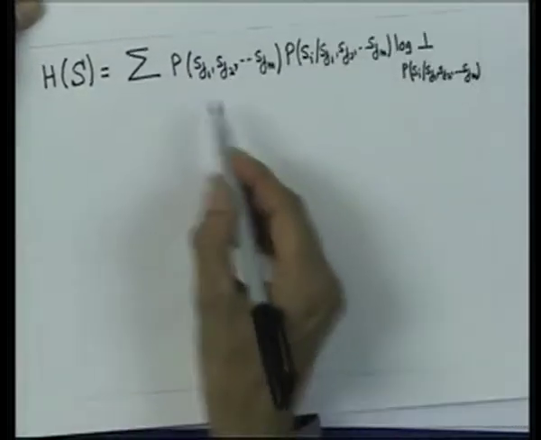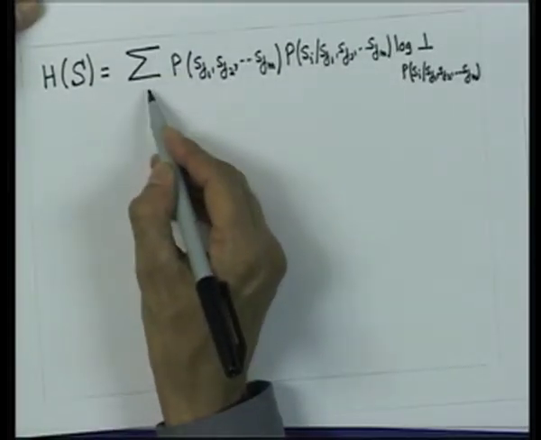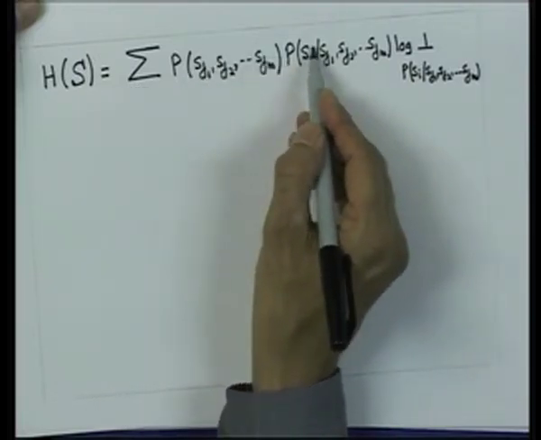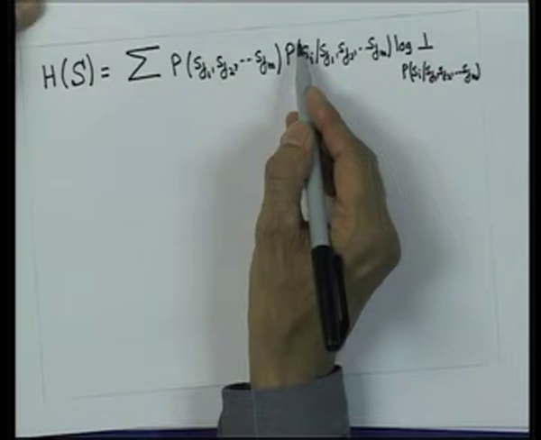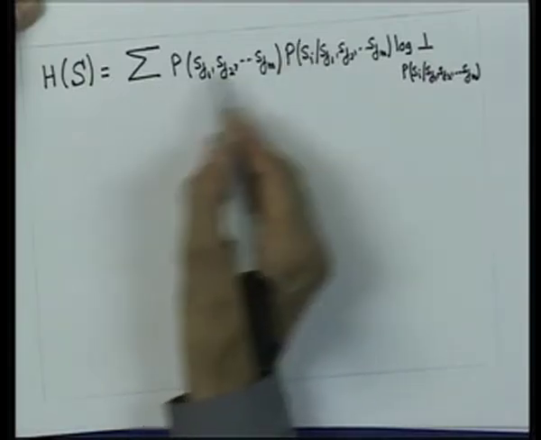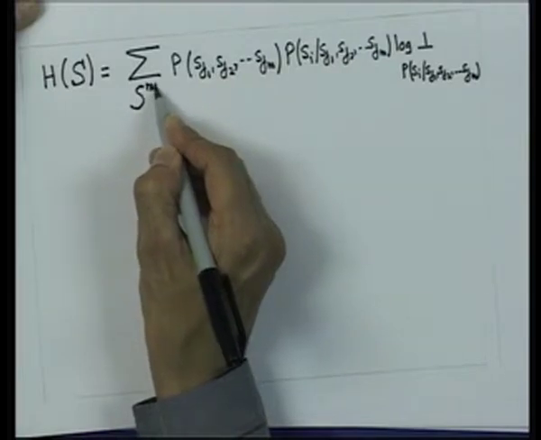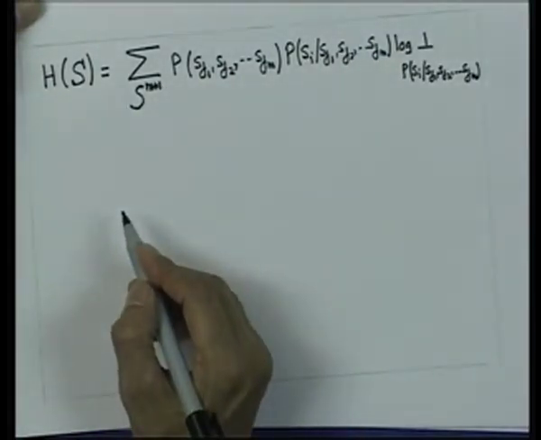Now, this summation is over these states and also over the source S. So, to denote that in abbreviated form, I will write it as S to the power m+1.